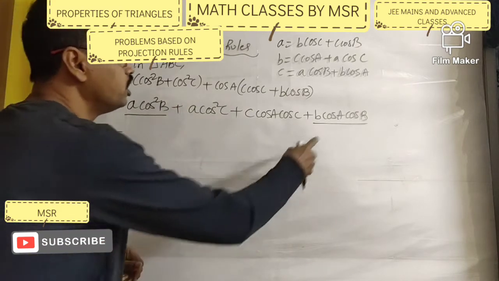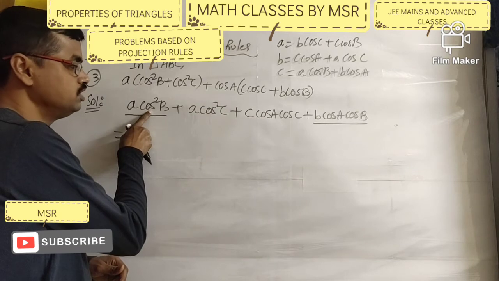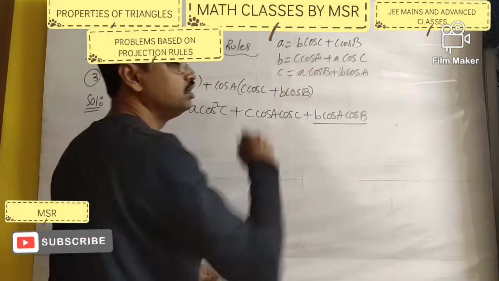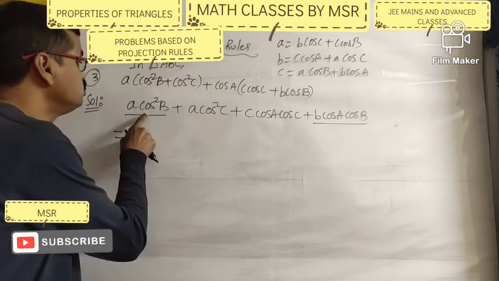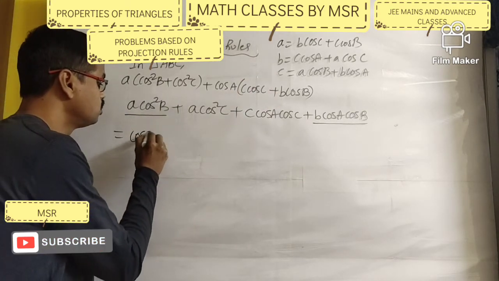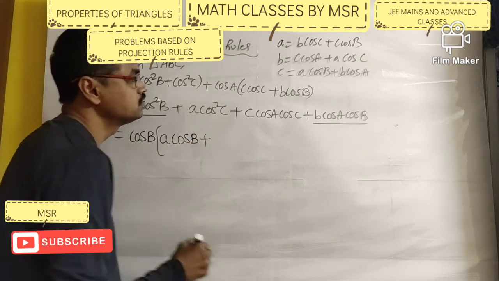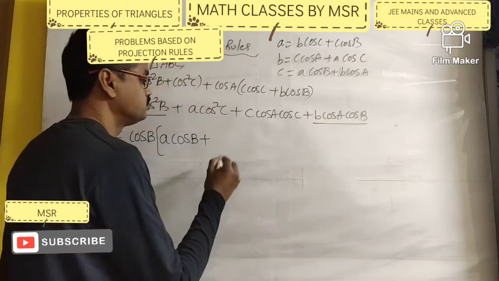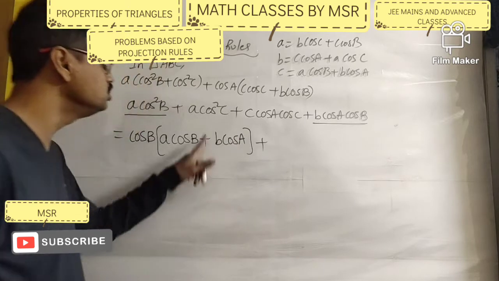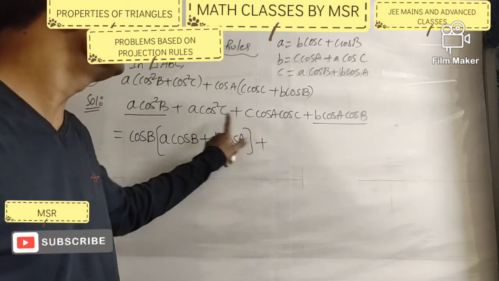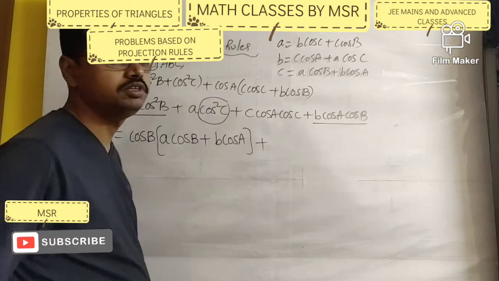If you take cos B common, A cos B will be left here and B cos A will be left here, so that you will get C. Similarly, in these two terms, we can take cos C common.